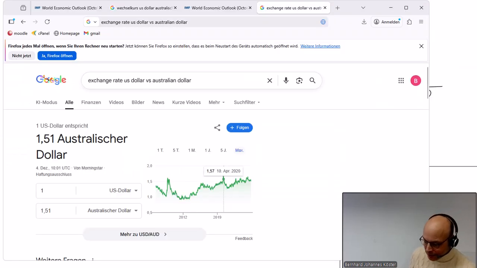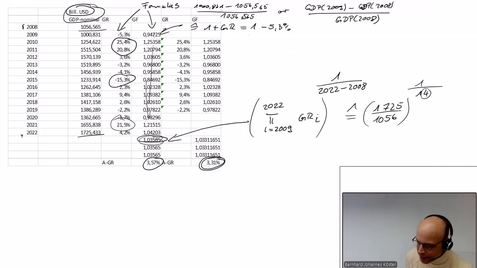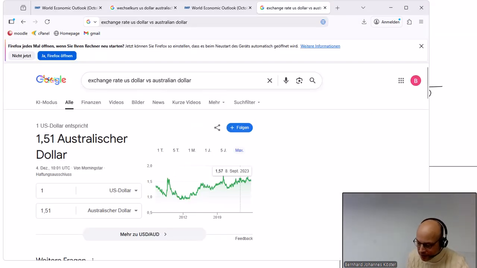But we see here also this spike in the development of the exchange rate. And now we can also explain these minus 15%. Here it is not as fast a spike as the other, but you see from roughly 1 to 1.5, so an increase of 50% over 1 year. This will be the explanation for this development.